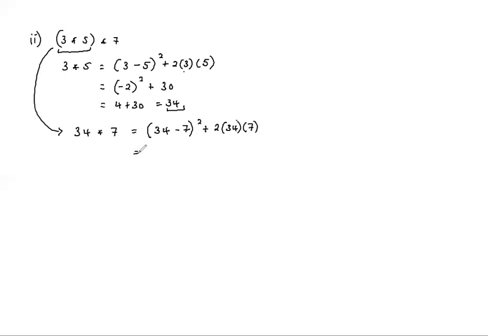So 34 minus 7, we get 27 squared plus 2 by 34, we get 68. So what is 27 squared?